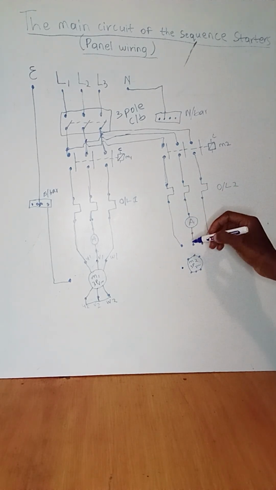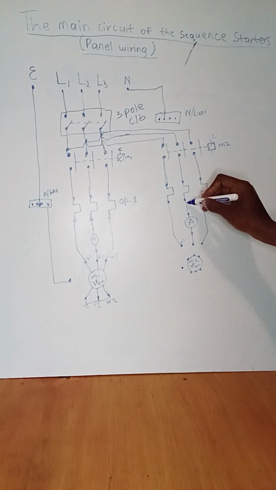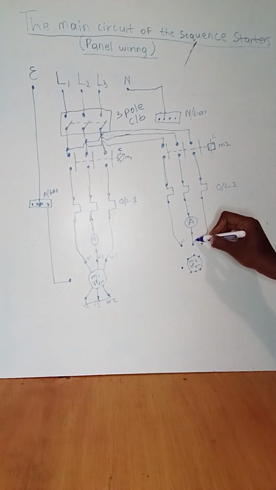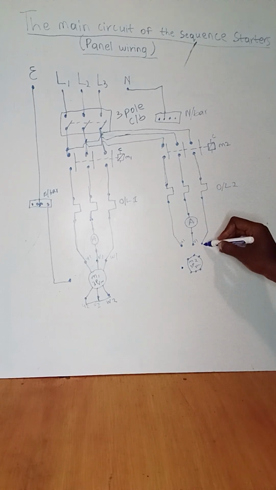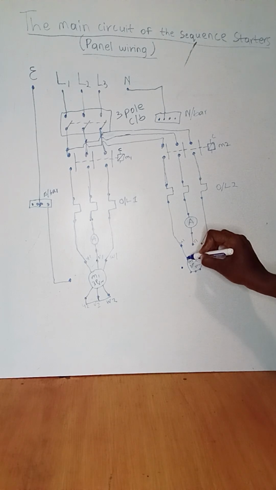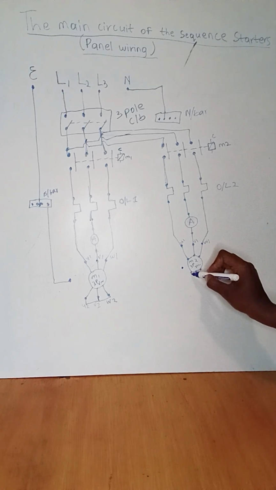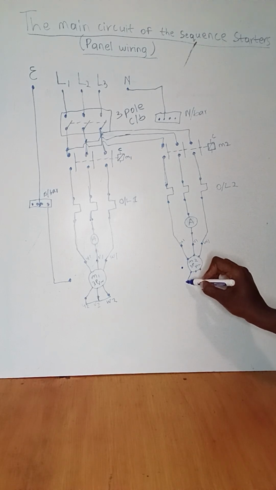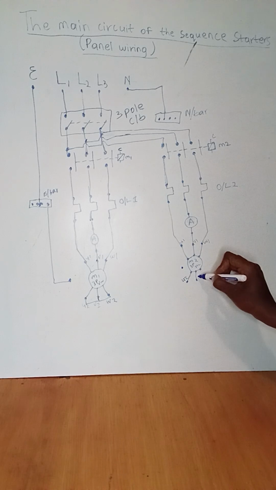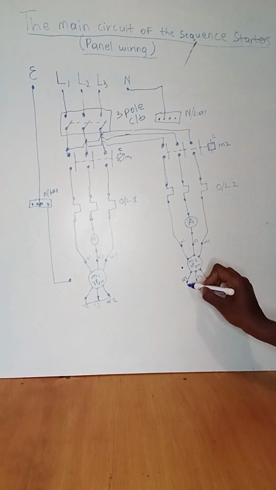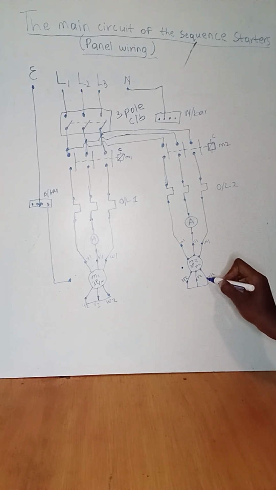Life 1, U1, life 2, in point of the ammeter, and then the out point of the ammeter goes to V1, and then life 3 goes straight to W1, and then U1 is U1 in the motor, V1, V1, W1, W1, and then U2 will go to U2, V2, V2, W2, W2, and the bottom connection will be the star connection.